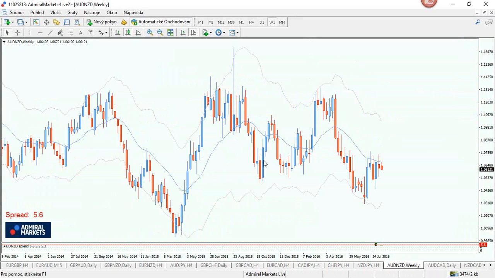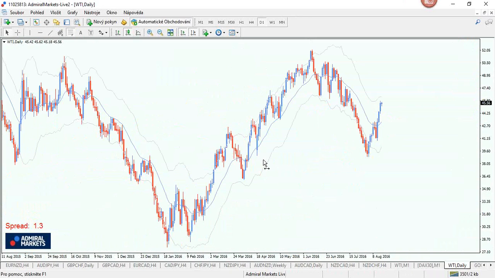From this upside, good momentum to the upside. And I think that it looks like a good breakout.